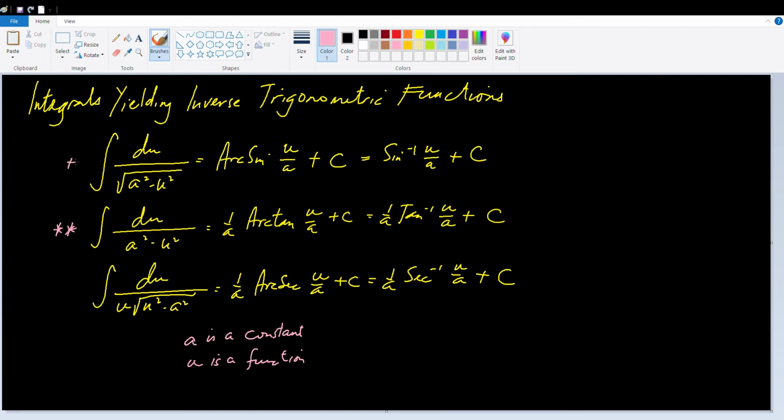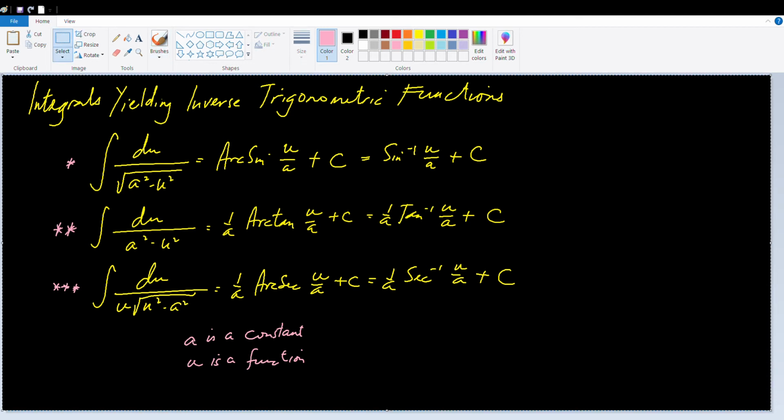For the first and the third, notice that there are radicals involved. For arcsine, it is the square root of a squared minus u squared, and for arcsecant, it is the square root of u squared minus a squared. And take note that the function u also appears outside the radicand for arcsecant.